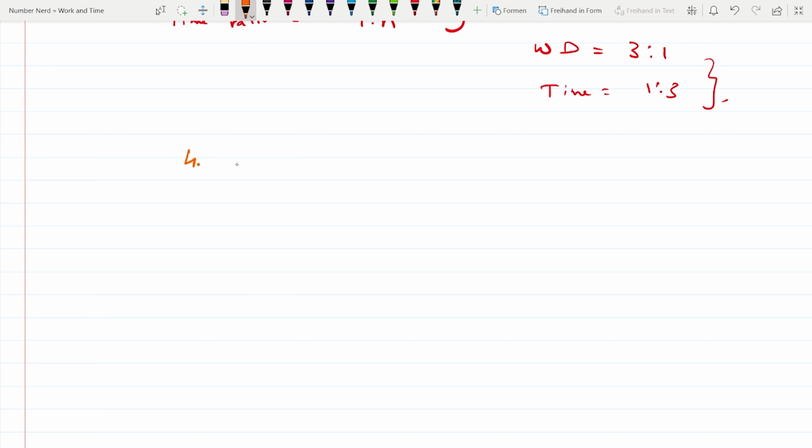Okay, let's discuss the fourth rule. The fourth rule states, if the ratio of the number of men required to complete a work is m:n, that is, to complete one work, in one scenario we have m people and in another scenario we have n people, then the time taken by them will be in the ratio n:m.